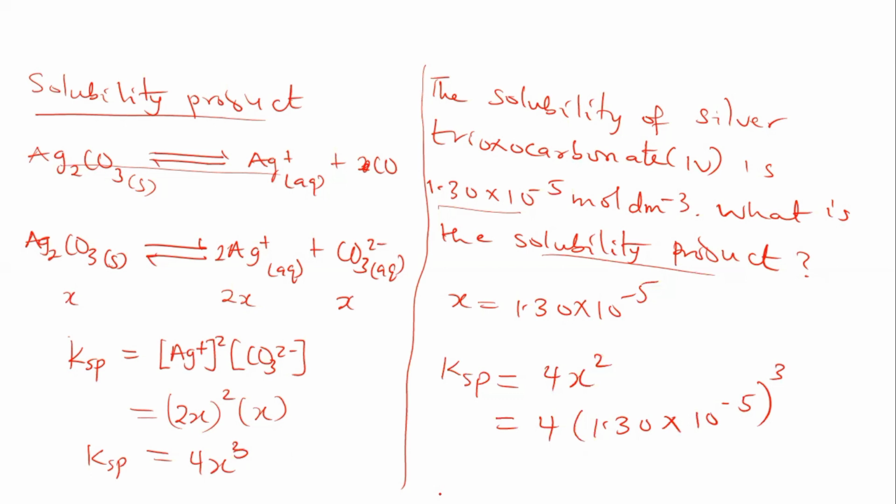All right, and that's going to give us 1.69 times 10 to the power of minus 10. So then you know the unit is here. You're going to have mole per dm cubed raised to power 3, that is mol^3 dm^-9. All right. Now let's have another example.